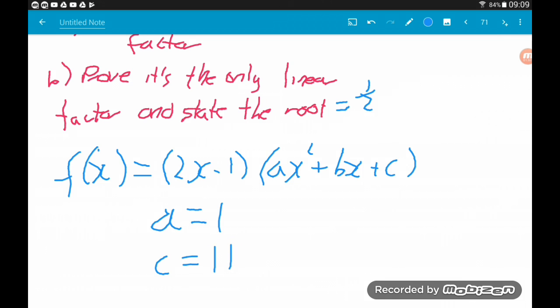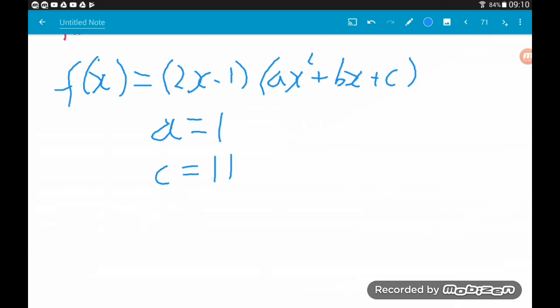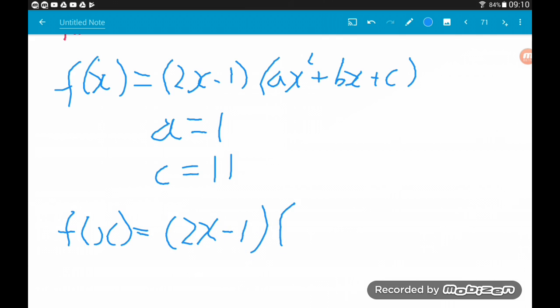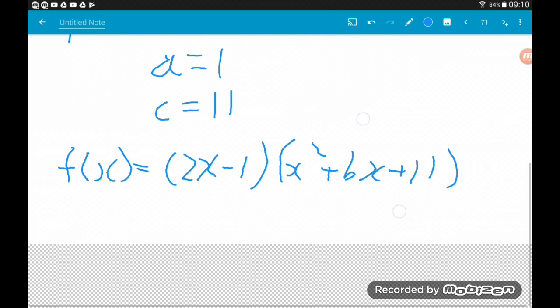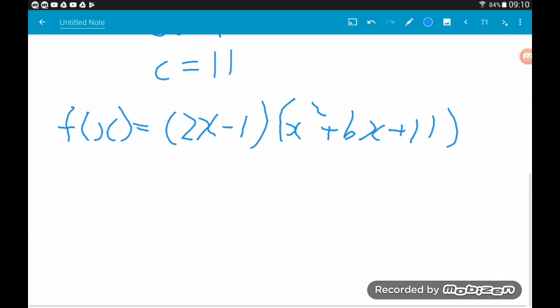Good times. So what we can do now, we can fill in the blanks a little bit in our quadratic part. So we can now say f of x is 2x minus 1 times x squared plus bx plus 11. Now we need to find the value of b. So, as I have done in all the previous examples, I'm going to find what x squared terms I would get if I was to expand this out.